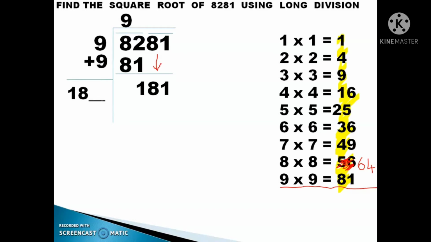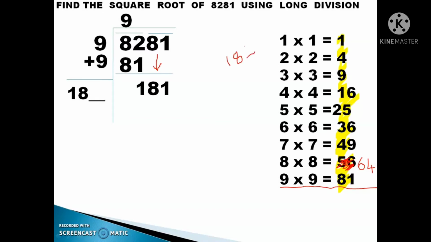Now, you are going to find a number which you can write here. How will you find that number? Here, what you are going to do is, you have 18 and a dash, isn't it?